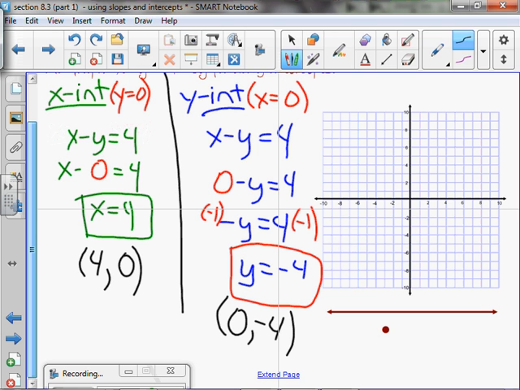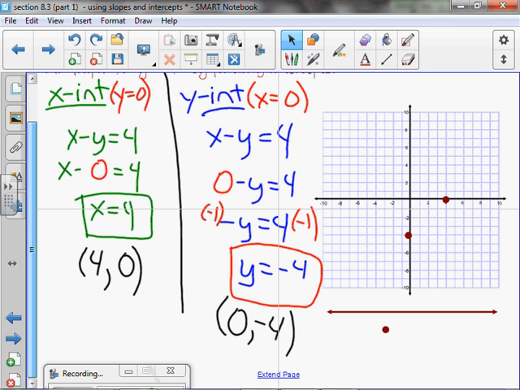And now I'm going to plot both of these points. For 4, comma, 0, that's going to be right over here. I go over 4, up nothing, there's my first point. For 0, comma, negative 4, I go over nothing, and then down 4. And there's my other point.